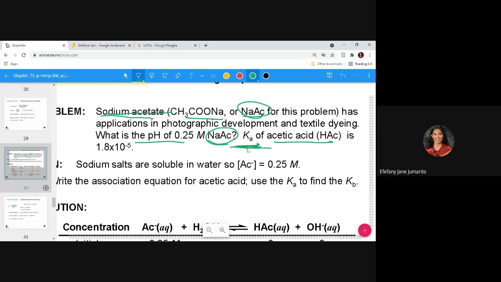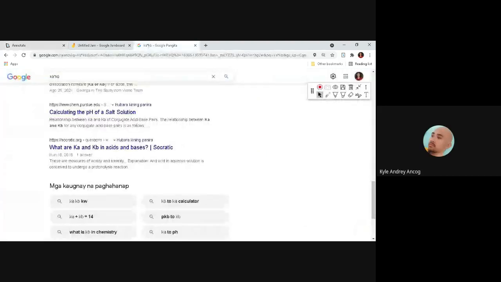Now, we are given with Ka. The value of Kw is 1 times 10 to the negative 14, that's a constant.